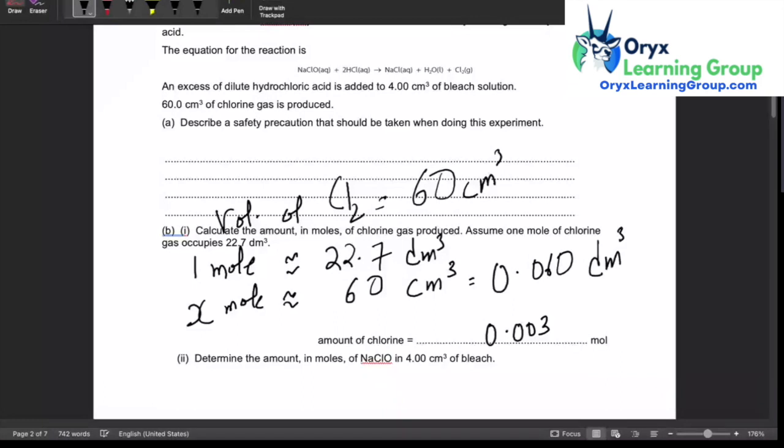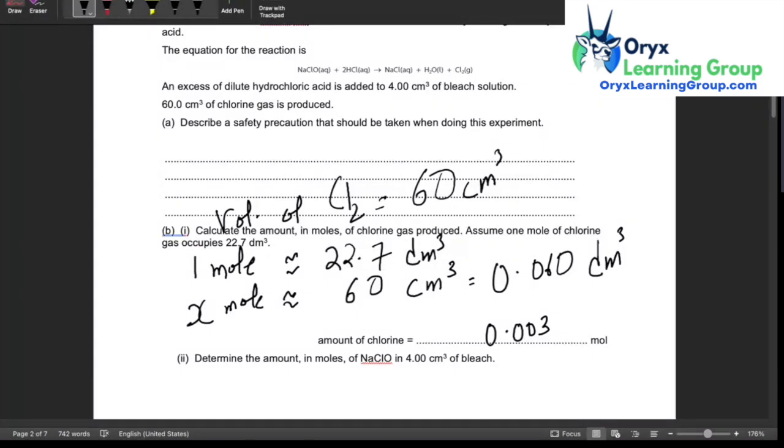So basically understand the calculation. 1 mole corresponds to 22.7 dm cubed, so X mole will correspond to 0.060 dm cubed. So how do you calculate X? You take 0.06 and divide by 22.7. Yes, correct. It's like cross multiplication, which you would have learned in school in mathematics.